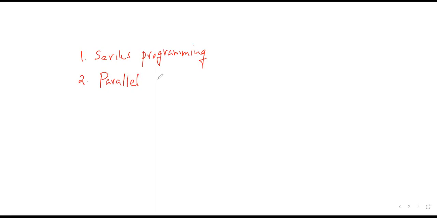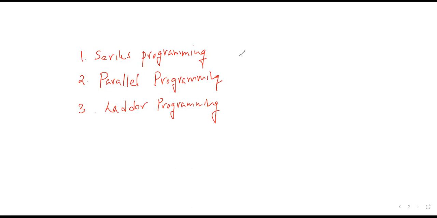But at the same time, it's a lot faster than the Microsoft Whiteboard, which was lagging a bit. So three kinds of structure are available: series programming, parallel programming, and ladder programming. Let us start one by one.